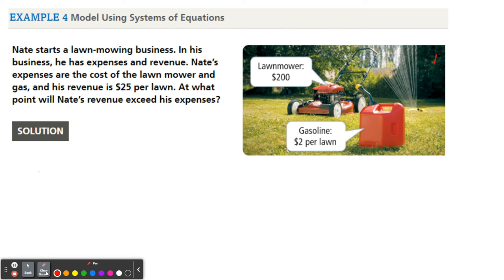Okay, so up here, expenses and revenue. So his expenses are the cost of the lawnmower and gas, which are here. Now, notice that the lawnmower is a number, the gasoline is a price per lawn. So this is going to be the variable, the 200 is not. So we need to know that when it says per lawn, that's your x.